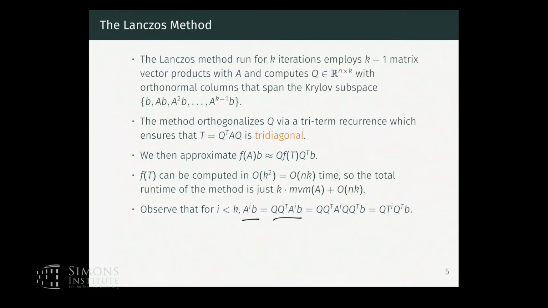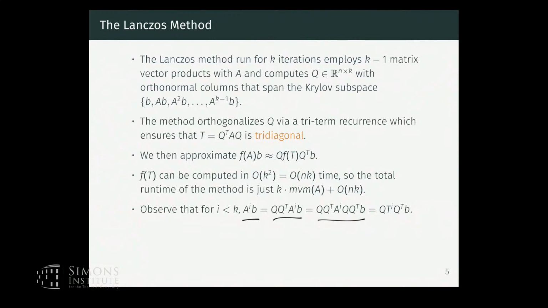Because Q spans this Krylov subspace, A to the i times b is in that Krylov subspace. So when I project onto the Krylov subspace, it's a no-op. It's just equal. b is also in the Krylov subspace. It's the first vector. So QQ transpose b is equal to b. So A to the i times b is equal to basically A to the i projected on both sides by QQ transpose, times b.